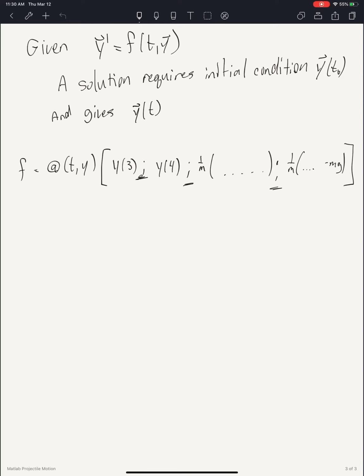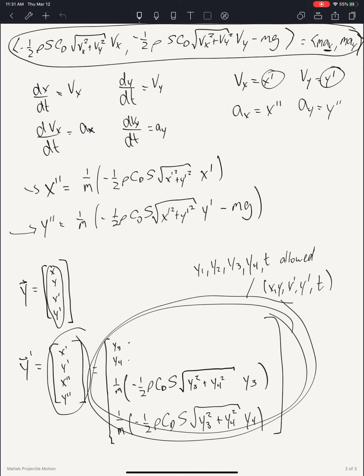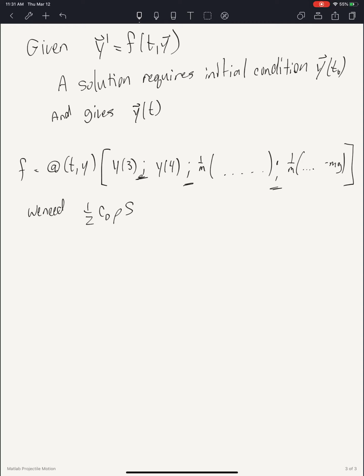To be able to do this, we need the value for 1/2 times CD times rho. That's the stuff that's out in front. Oh, times S, I suppose. I forgot the S. And you can try and look all this stuff up for a regular shape. I will say for my problems, I just called this C and assigned values to it. And then I changed the value of C to see what generated what looked like normal motion to me.